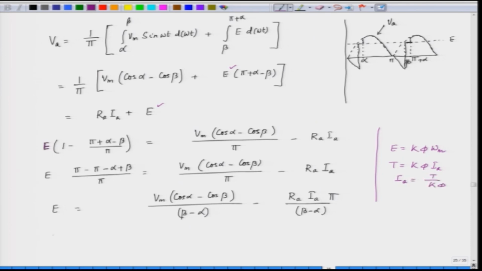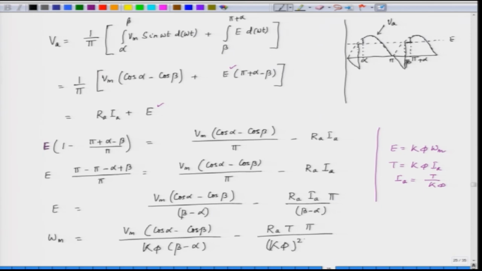What we get finally from this equation is omega m equal to Vm into cos alpha minus cos beta by k phi into beta minus alpha, minus RA torque into pi by k phi whole square into beta minus alpha.